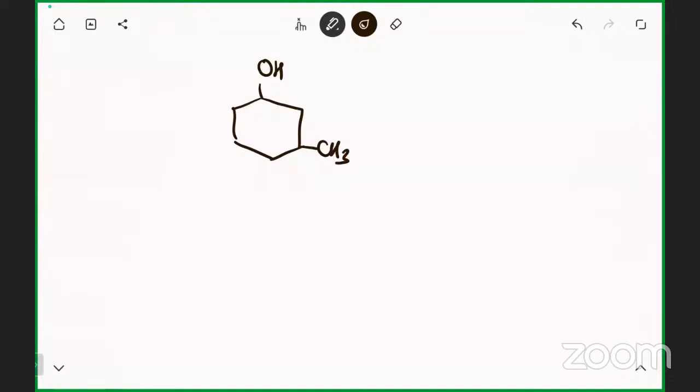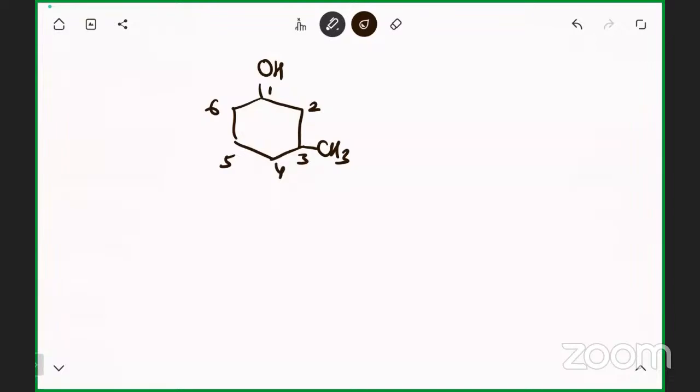Starting from OH as 1, left side or right side? Right side, because the substituent is present and there is no double bond, so we'll go for the right side: 2, 3, 4, 5, and 6. Now tell me the name.